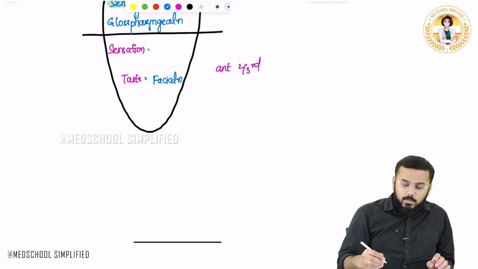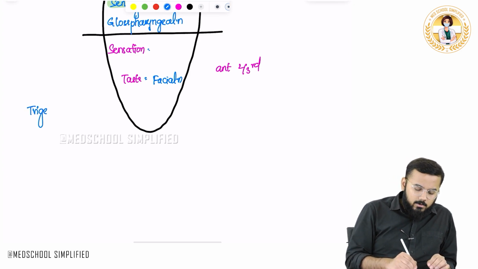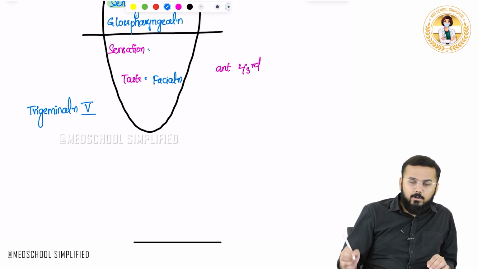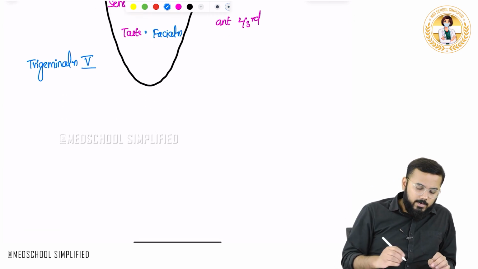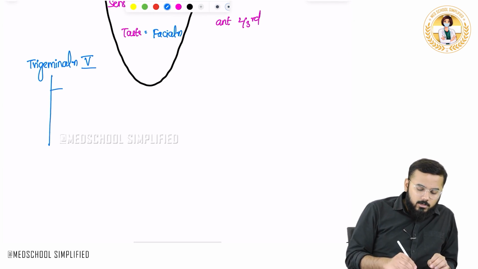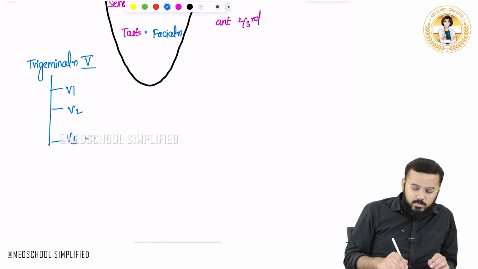Mandibular branch, right? So the trigeminal nerve is your fifth pair of cranial nerve, and it has three branches: V1, V2 and V3. V3 is the mandibular nerve.